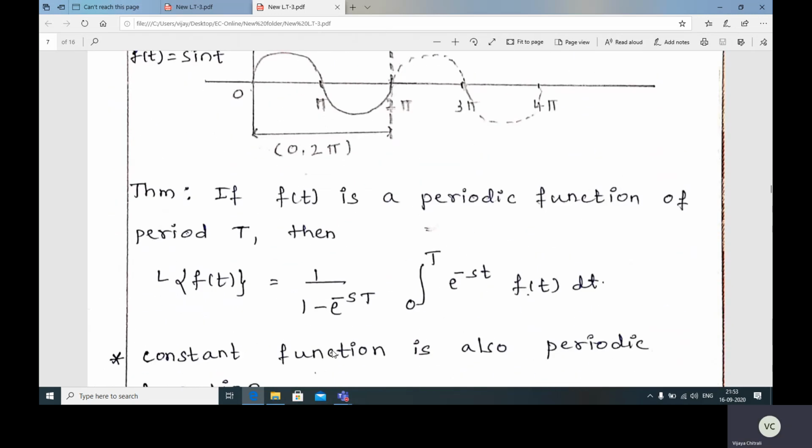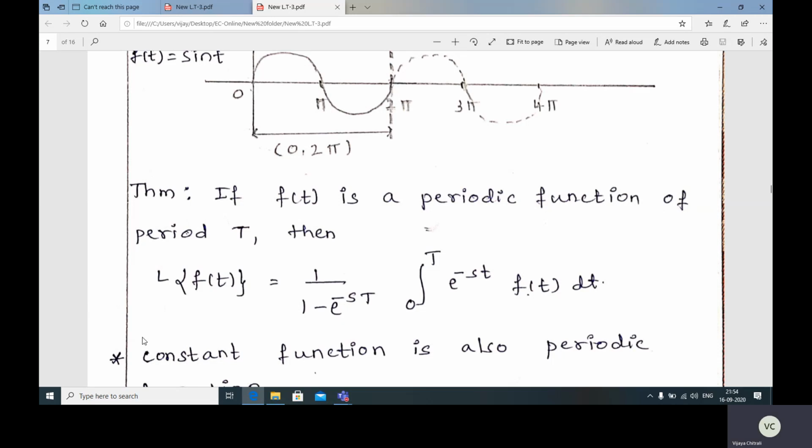So we have one standard result, and using that standard result we'll solve the examples. If f of t is a periodic function of period capital T, so period capital T is given, right, and small t lies between 0 and capital T, then the Laplace transform of f of t is equal to 1 upon 1 minus e raised to minus s into capital T, integration from 0 to capital T of e raised to minus st f of t dt.